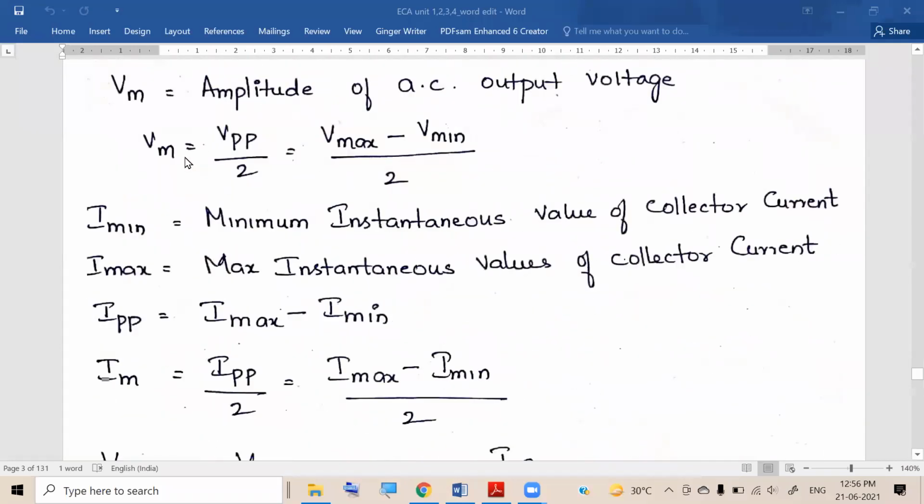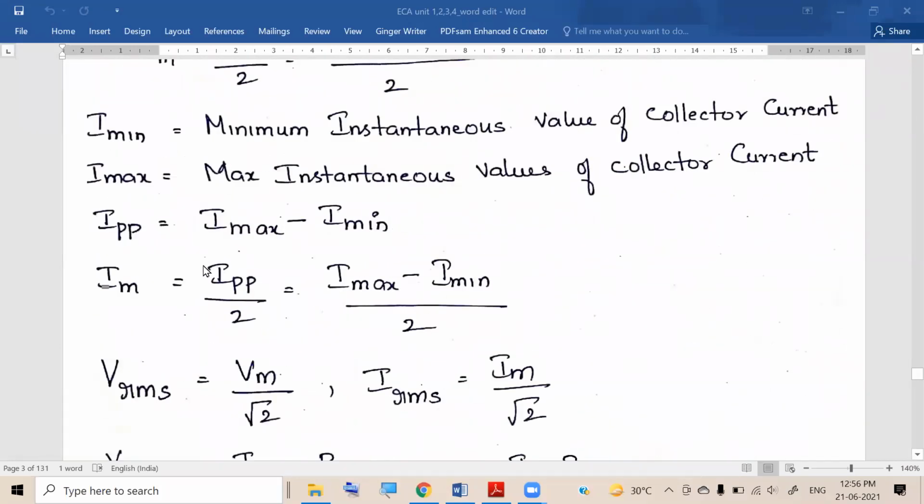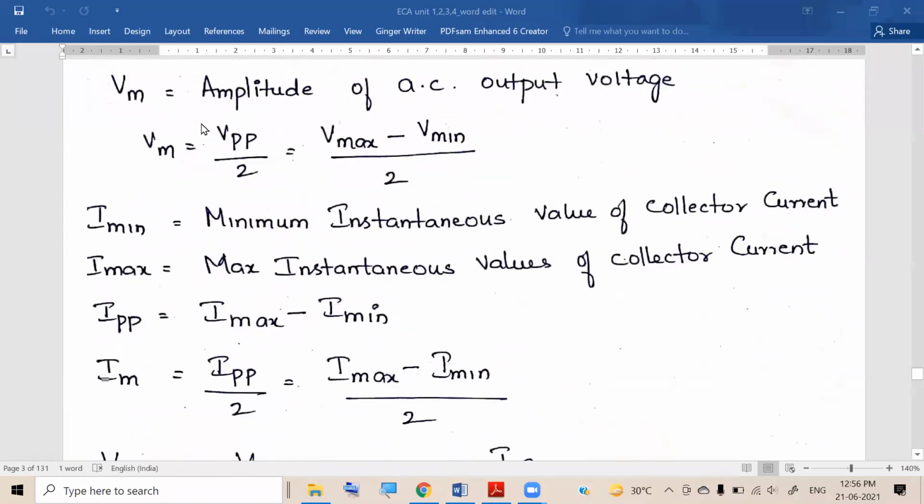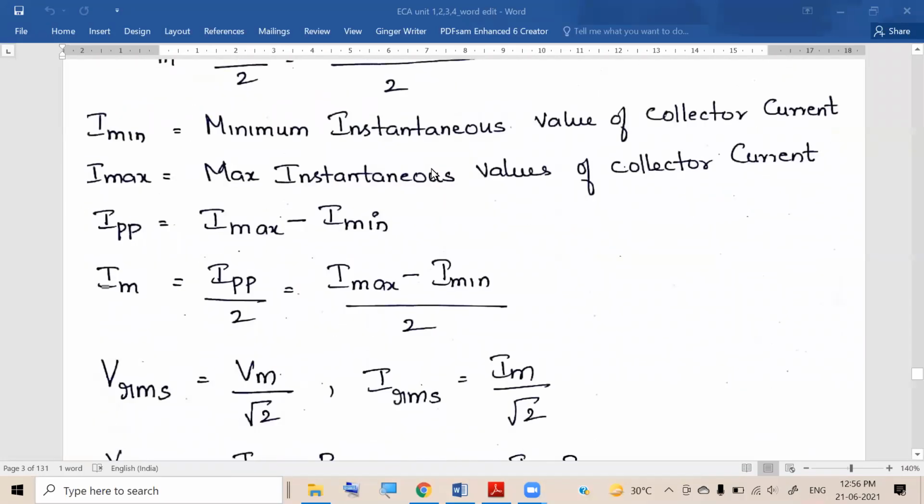So we have Im as I max minus I min by 2. Likewise, if Im is I max minus I min by 2, Vm will be V max minus V min by 2. Now, why do we need this Vm?